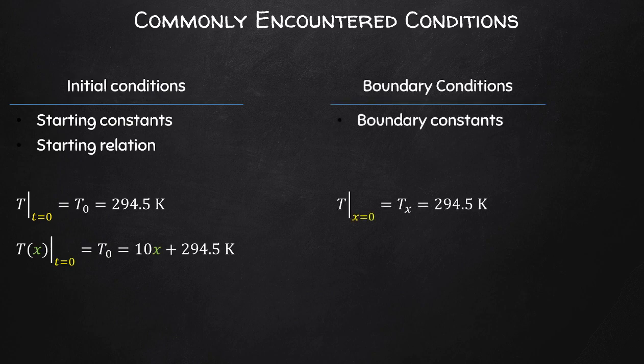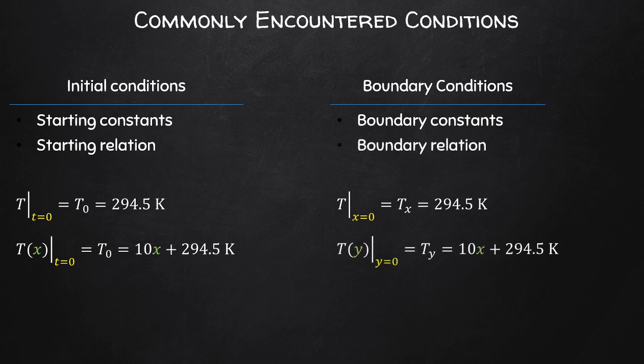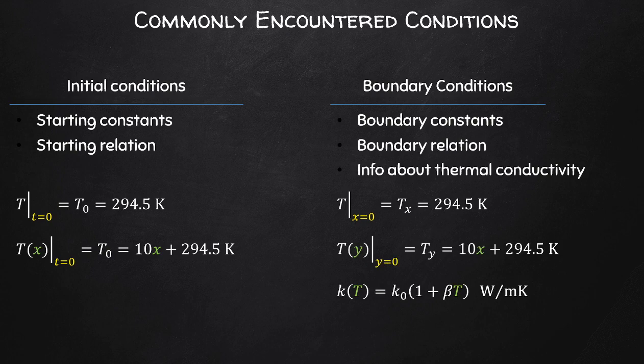Okay, boundary conditions can similarly be in the form of a constant temperature, or we can also be given a temperature as a function of position, or we could also be provided information about thermal conductivity as a function of temperature.